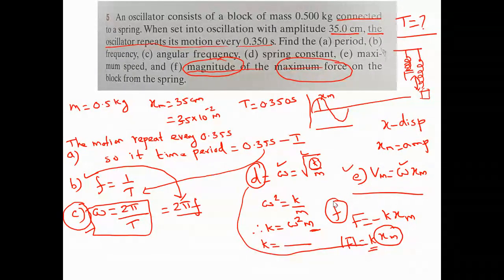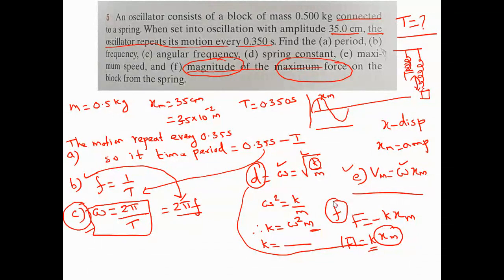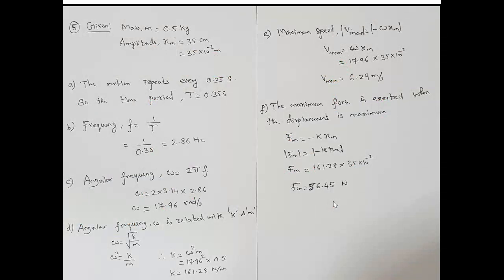Because your x naught is the maximum displacement, xm is the amplitude. Wherever you got the maximum displacement, you will get the amplitude. Am I right? So I can use xm here, no problem. Okay. Clear? Clear, doctor. Okay. So the answer is given here.